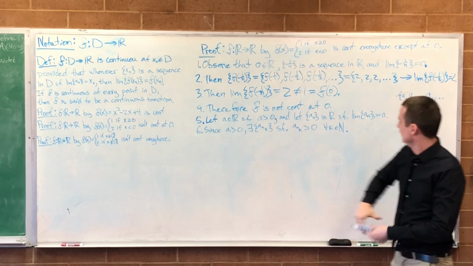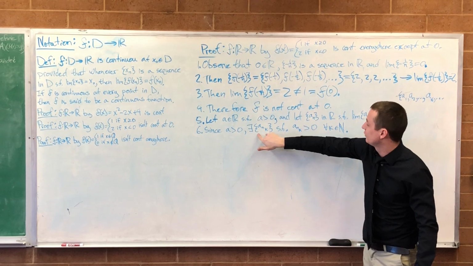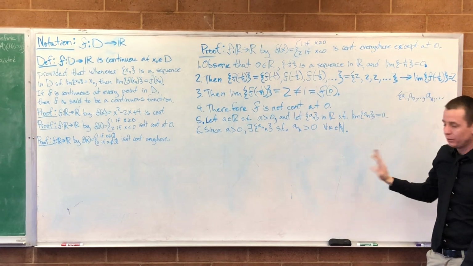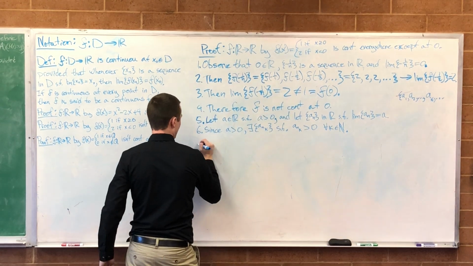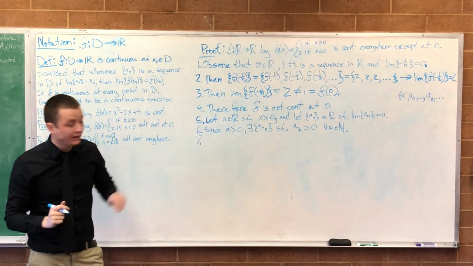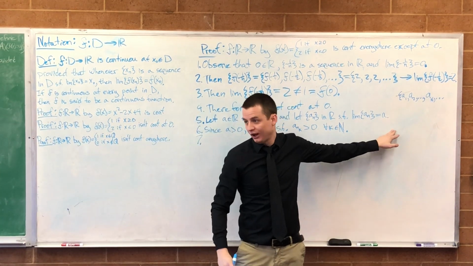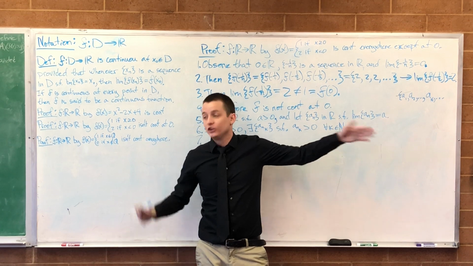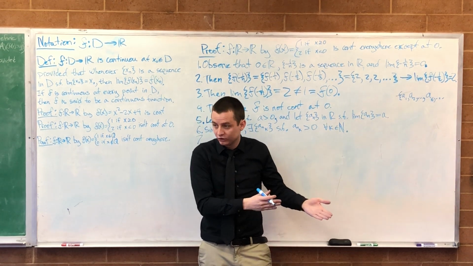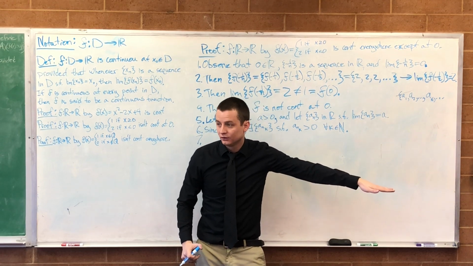Alright. So, since a is a positive number, then a_n must have some subsequence that is completely positive. And we know that if a_n converges to a, then all its subsequences converge to a. If a sequence converges, then all its subsequences converge to the same thing.